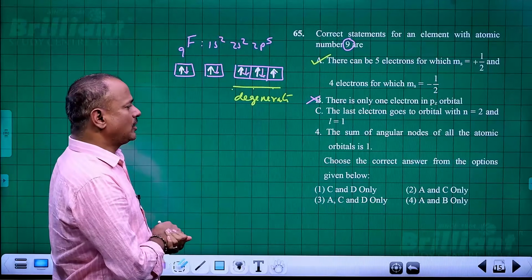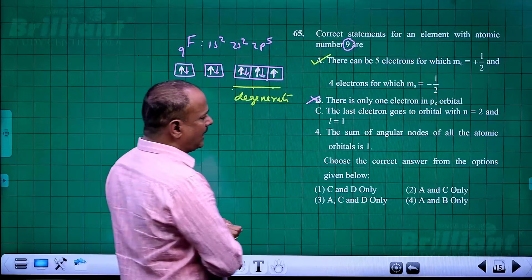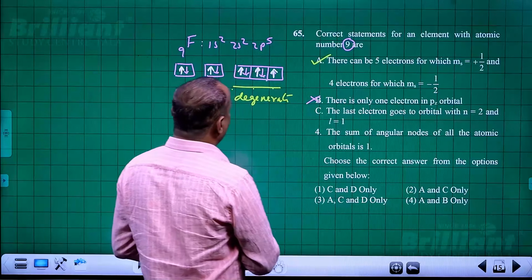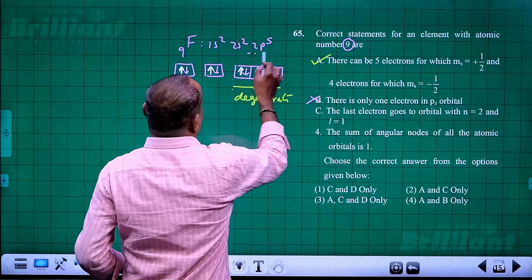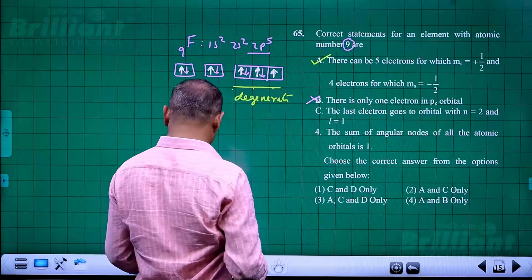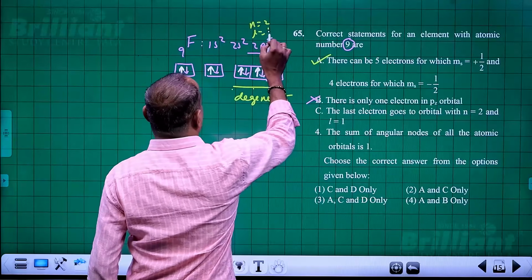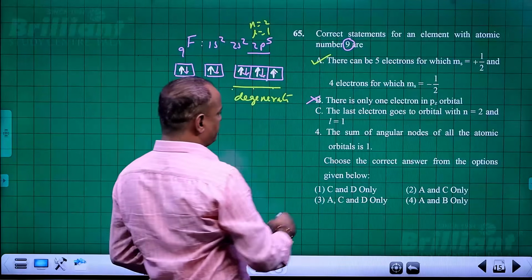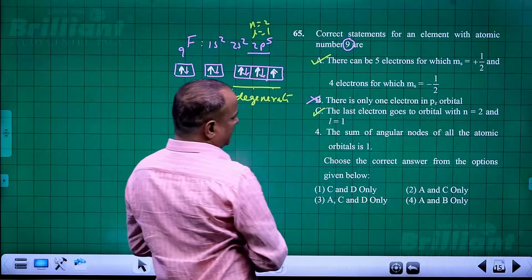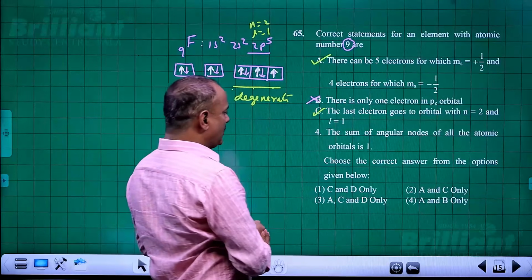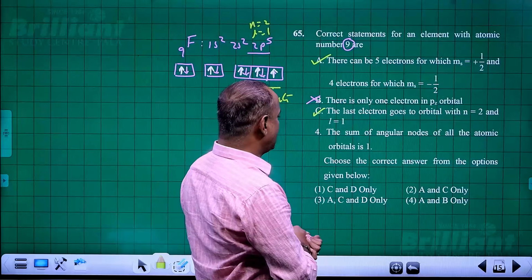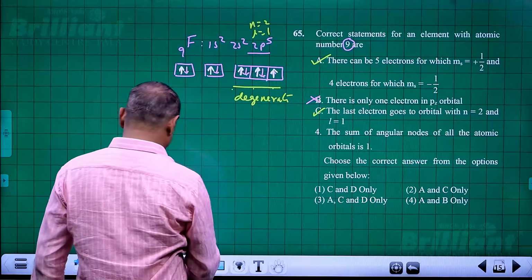Last electron goes to the orbital with n equal to 2, l equal to 1. Correct, na? Principal number 2, azimuthal number 1, p orbital. Correct. Sum of angular nodes of all atomic orbitals is 1.